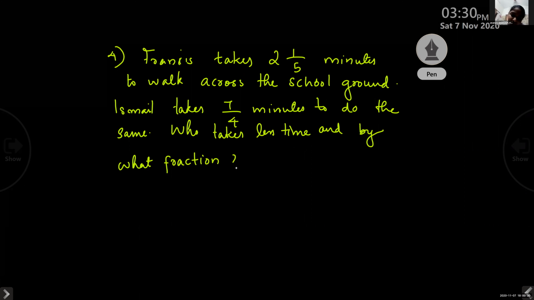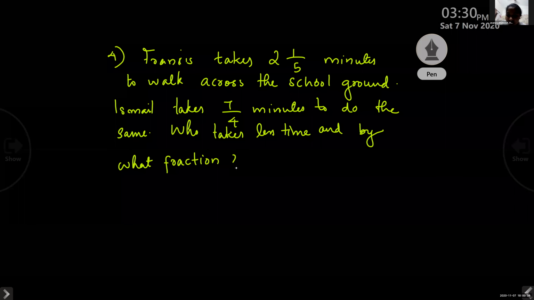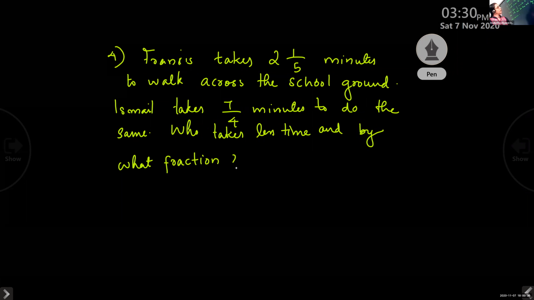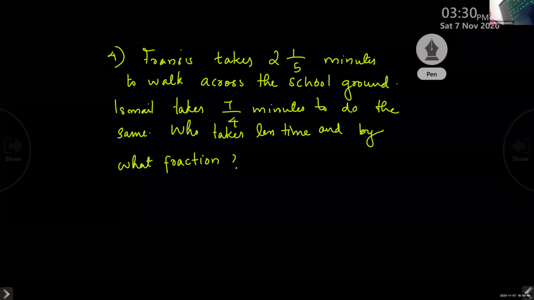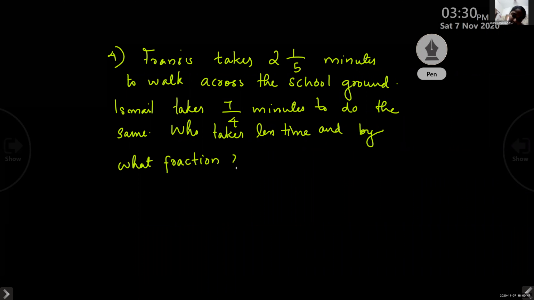Ma'am, after getting the answer, should we convert it to mixed fraction? Wait. You got the answer. Subtraction. No, ma'am.